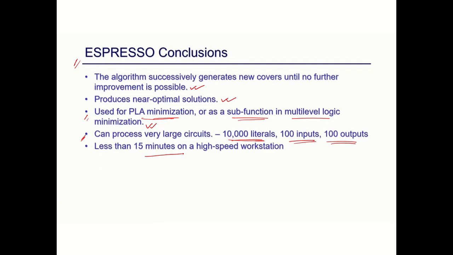Less than 15 minutes with a high speed workstation is sufficient to reduce this maximum condition. Thank you. This is the total algorithm which is used for the Espresso based heuristic system.